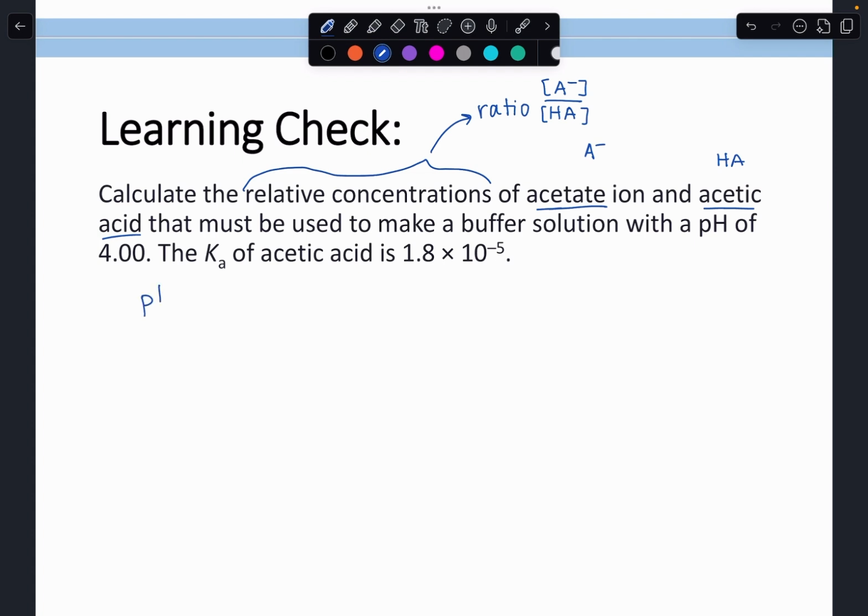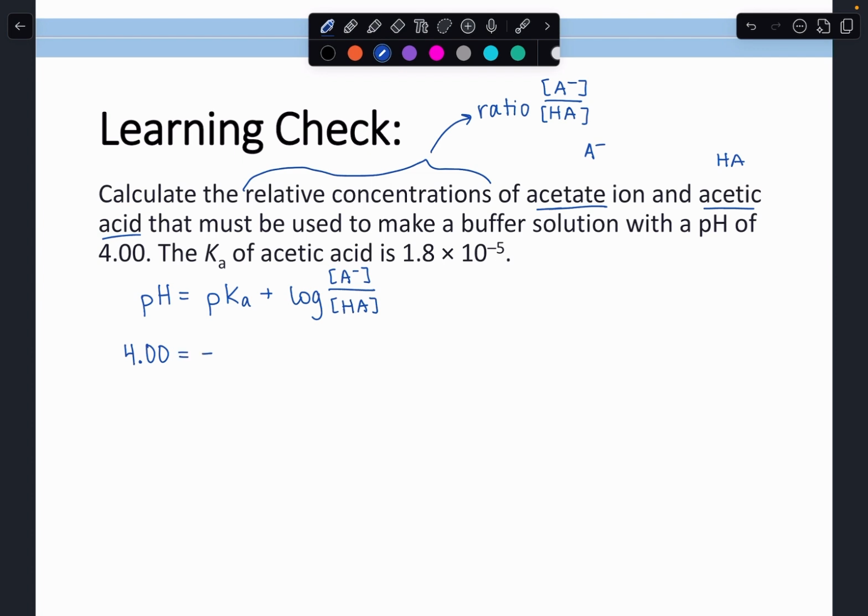So using pH equals pKa plus the log of A minus over HA, we want to solve for that fraction, what the ratio is from A minus to HA. Acetate, in this case, to acetic acid. We have the pH of 4. That's the goal of the solution, to make a pH of 4. So we need to know how much acetate to add per acetic acid amount.